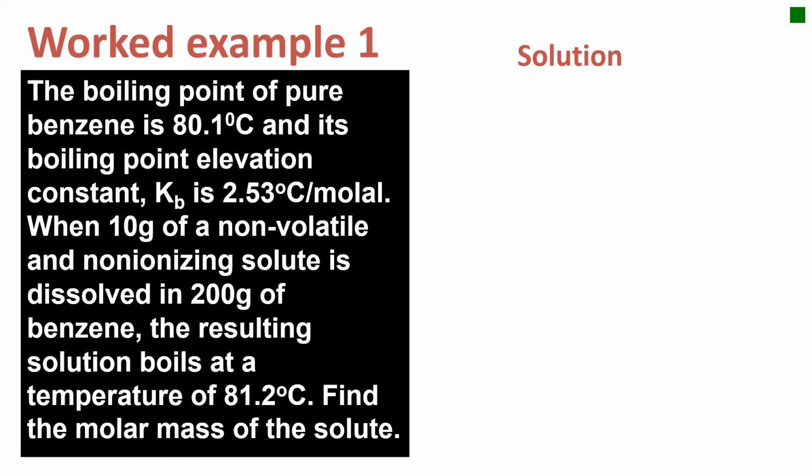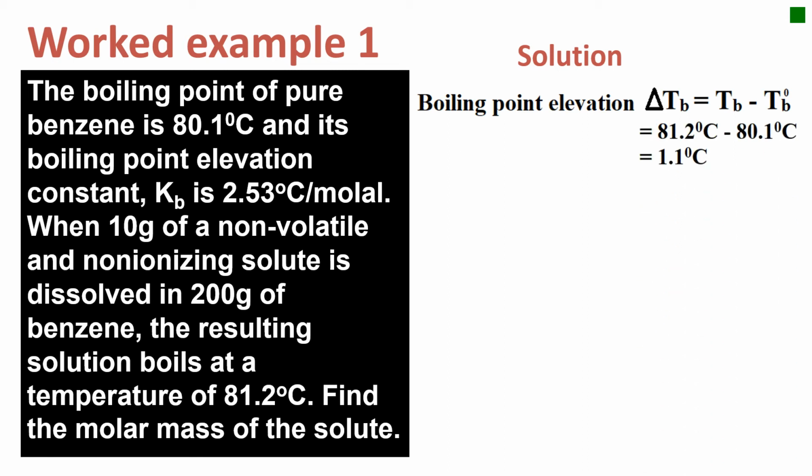To solve this, we have first of all to remember that the boiling point elevation is given by the boiling point of the solution minus the boiling point of the pure solvent. We have all those values in the question. So let's substitute them in the formula: 81.2 degrees Celsius minus 80.1 degrees Celsius equals 1.1 degrees Celsius.